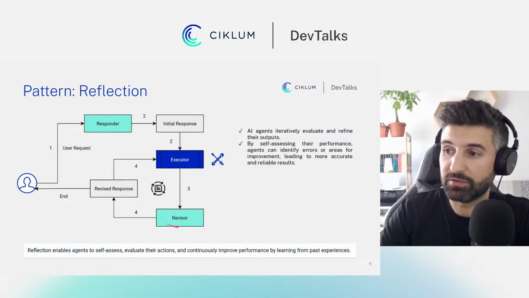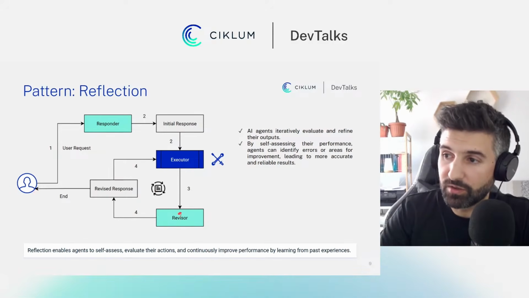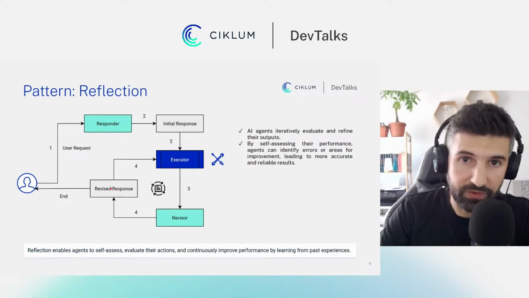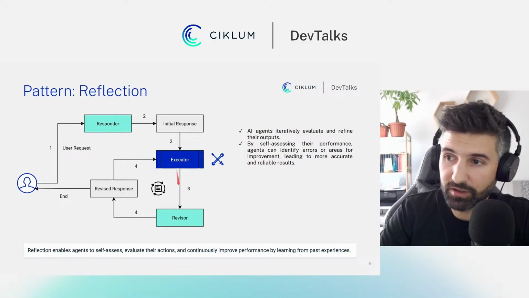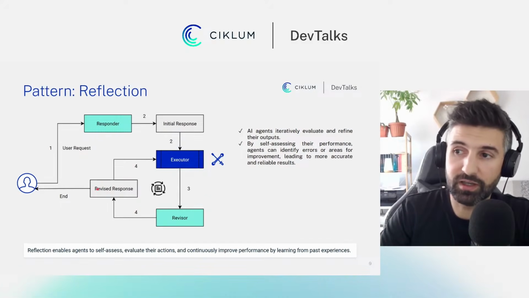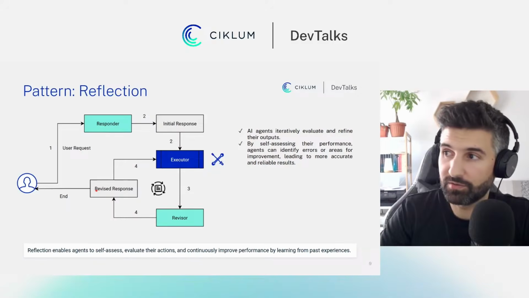So the revisor will look at the initial response, improve it to some extent, and then we'll go back to the executor in a loop until we decide, yes, the revised response is good enough.